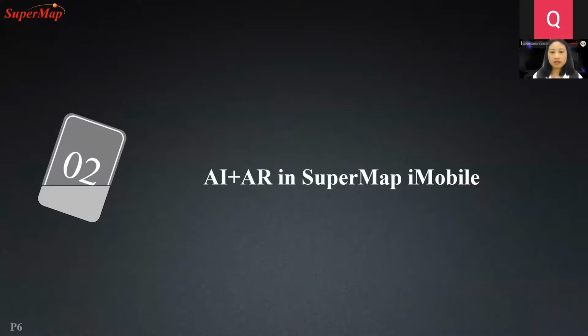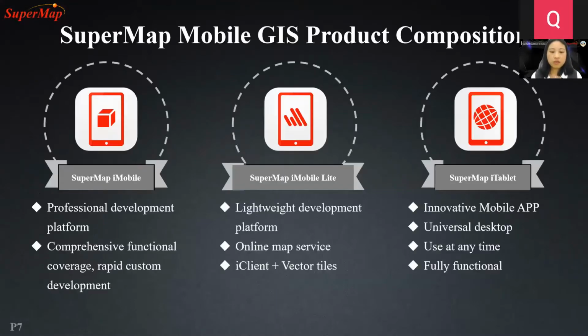So here let's see the AI and AR in SuperMap at mobile. These achievements are mainly reflected in mobile terminal products, including two SDKs and a mobile app.